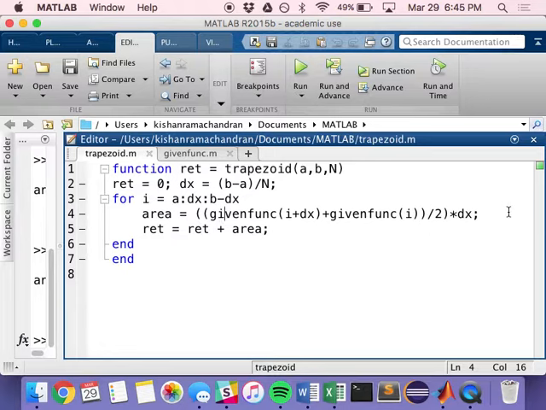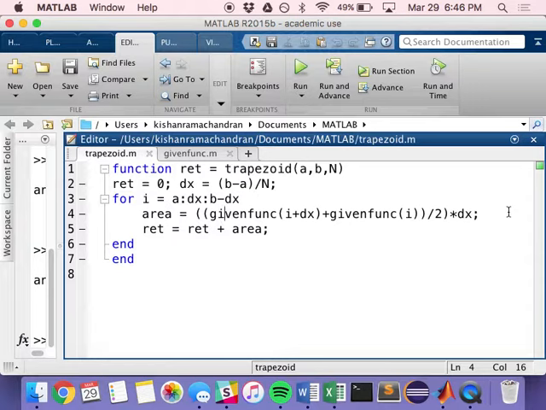So that's kind of the formula. Do you guys get how that formula works? It's basically the midpoint times the delta x. So you're just finding the average and you multiply by delta x. Really simple. And so what we're doing is going from a, going up by dx, to b minus dx.